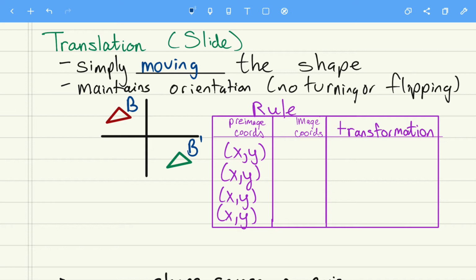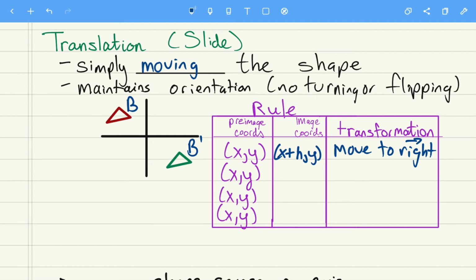Now let's say we're given the coordinates. We can write rules using the coordinates for our transformation. So let's say we move to the right. That means we're going to add something to our x coordinate, but keep the y the same.